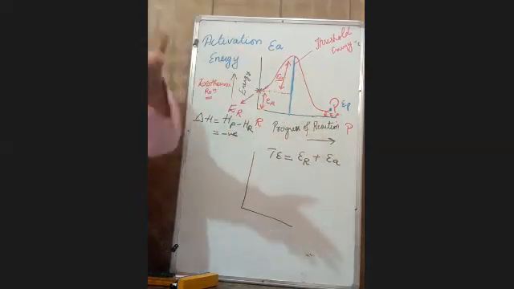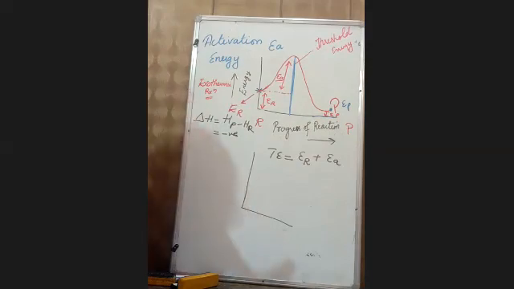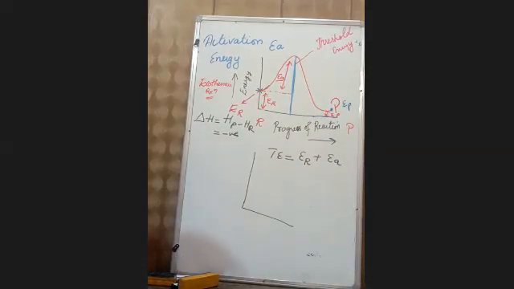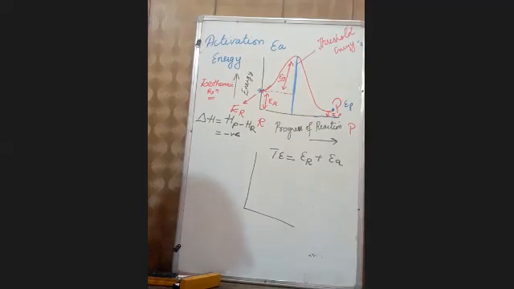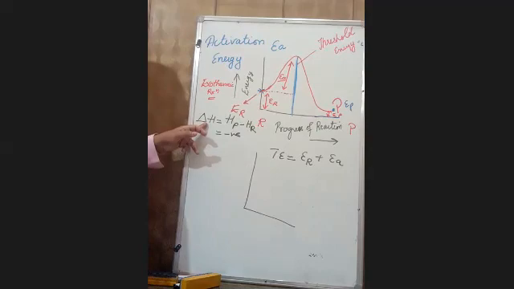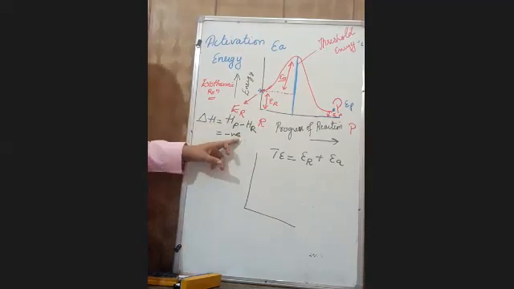And the next 10 will be released in the form of heat. That's why exothermic reactions are accompanied by release of energy. Here the product energy is less than the reactant energy. That's why delta H for this reaction is negative.